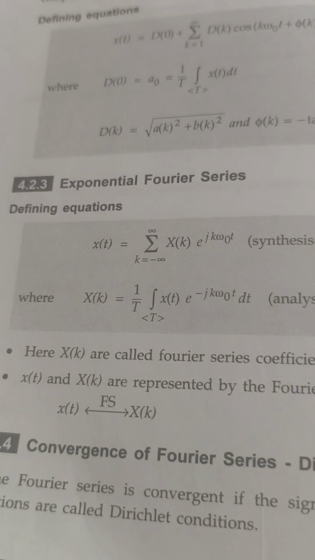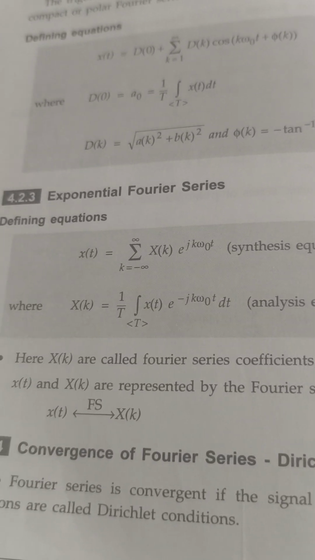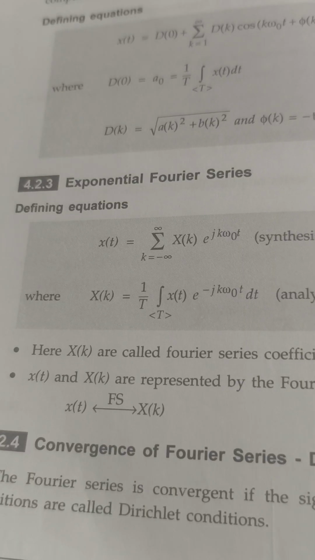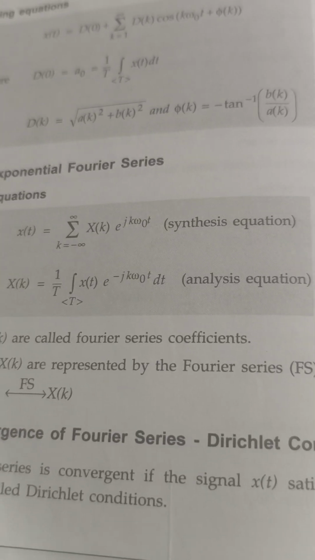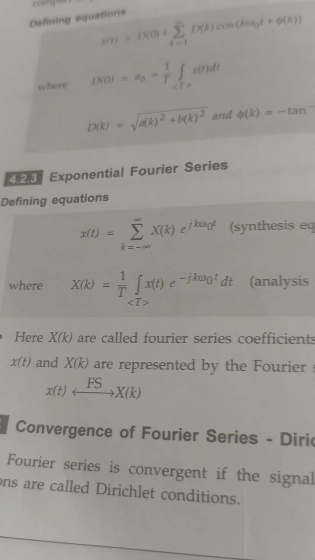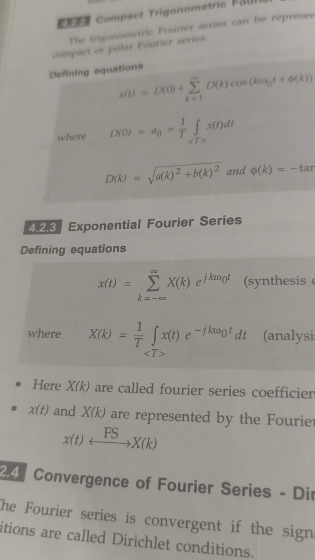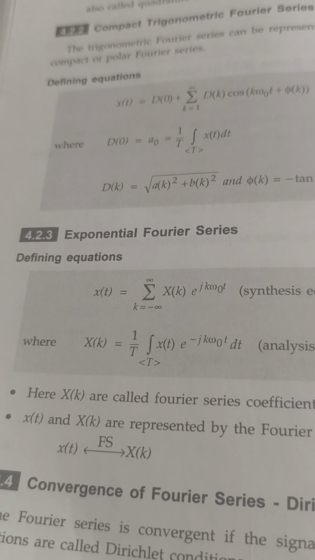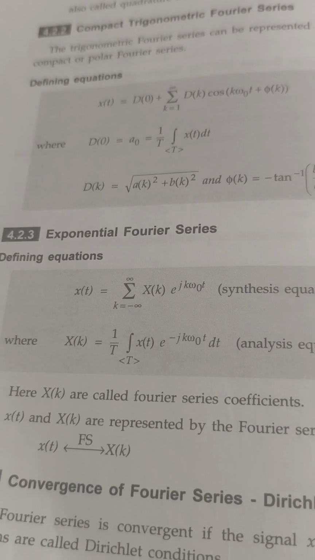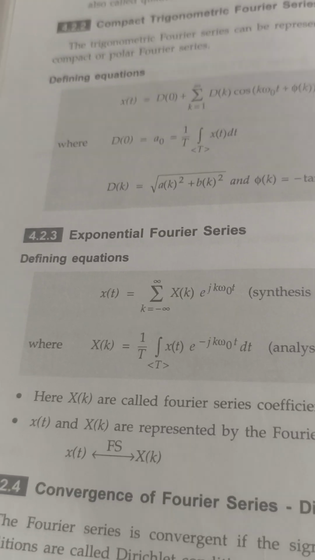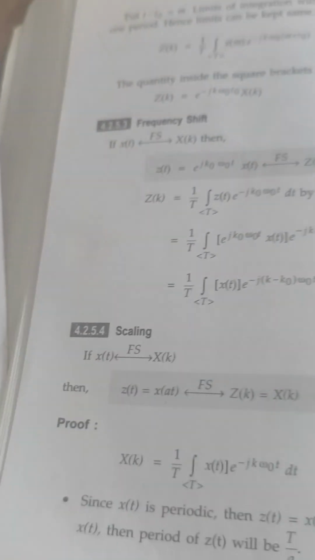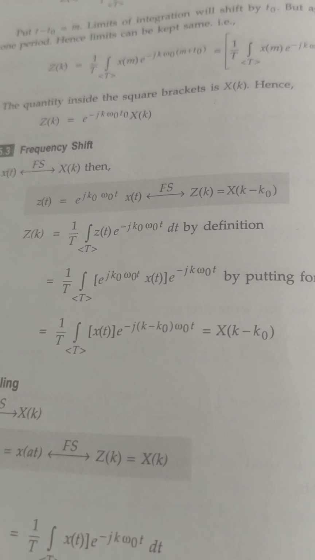Here we have two equations: the first is called the synthesis equation, and the second is called the analysis equation. Now, with an example, we'll discuss in class how to find the Fourier series of a signal.